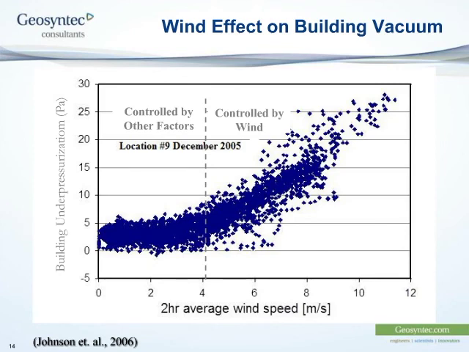And then there are environmental factors. Here's, for example, a chart of building underpressurization versus wind speed that was measured by the folks at Arizona State University, Paul Johnson et al., at a site in Casper, Wyoming. At low levels of wind velocity, the building pressure varies around a fairly narrow range, but as the wind speed increases, the building goes under vacuum.